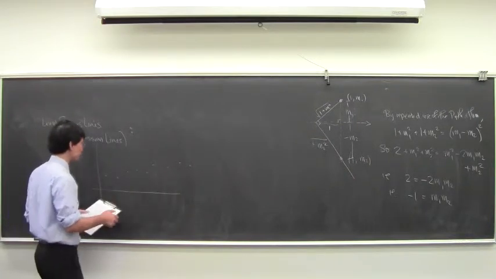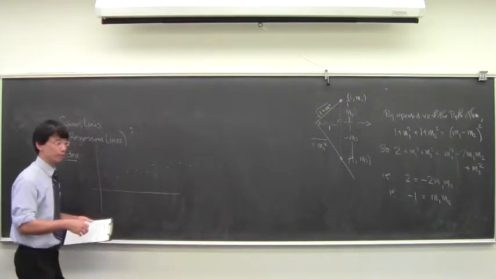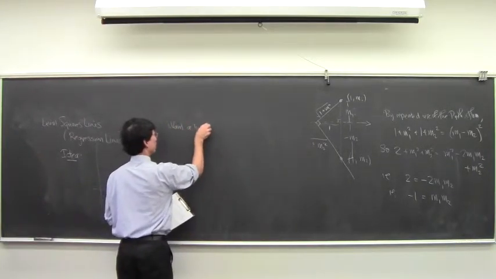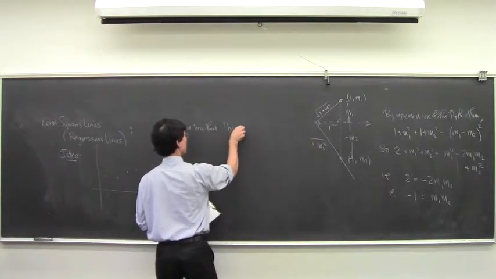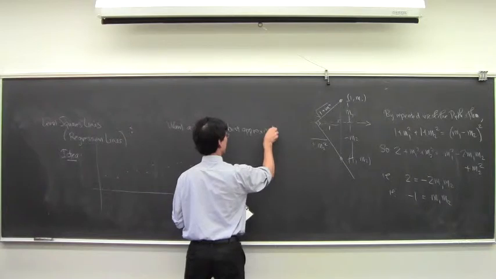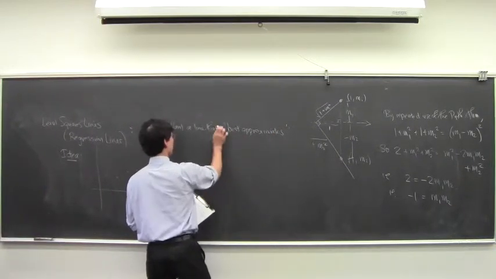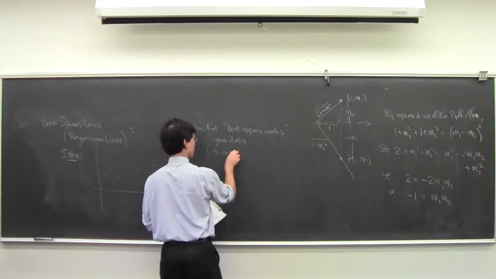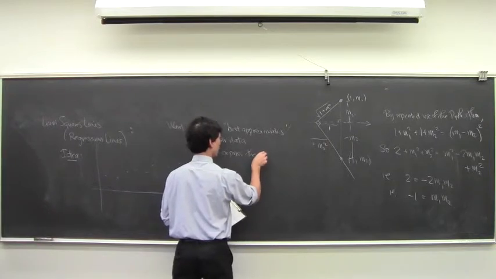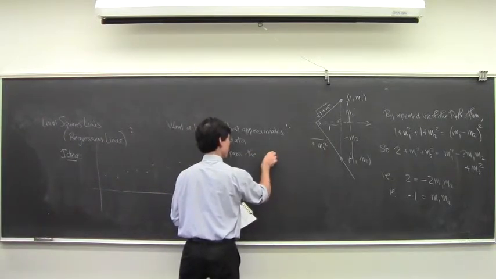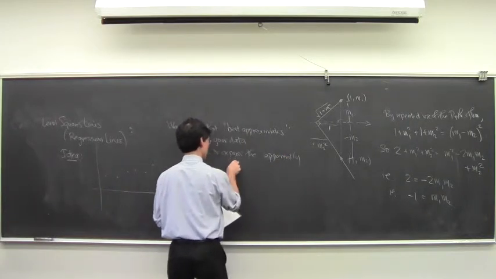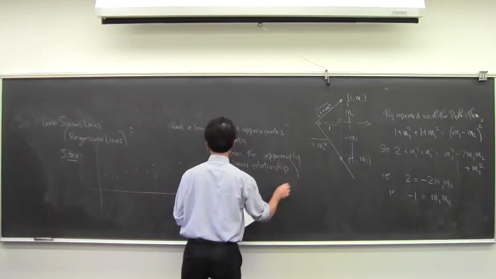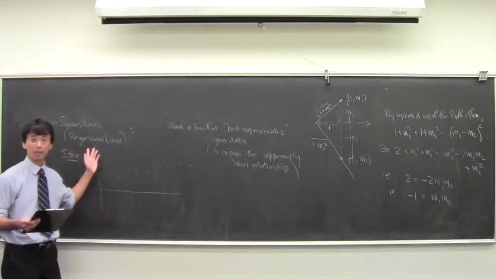But you'd like to choose a line that somehow best approximates your data, and expresses the apparently linear relationship between your two variables.